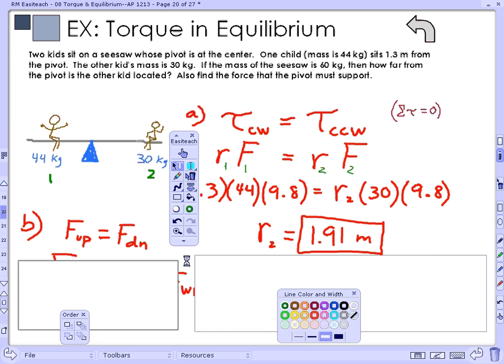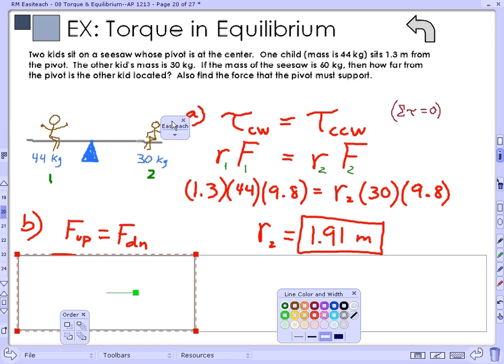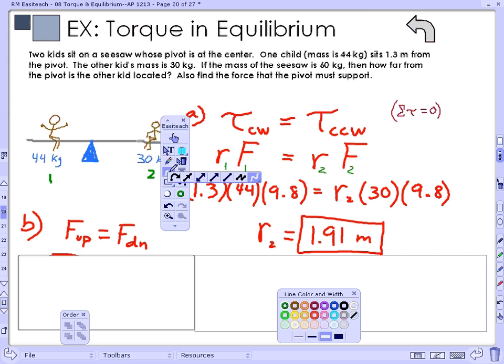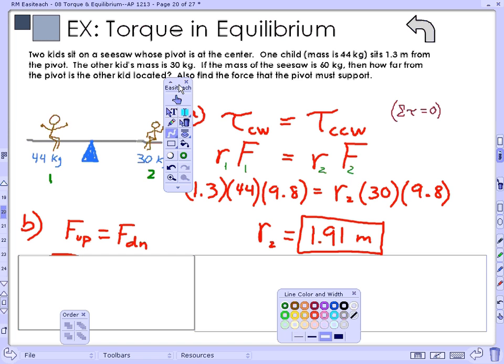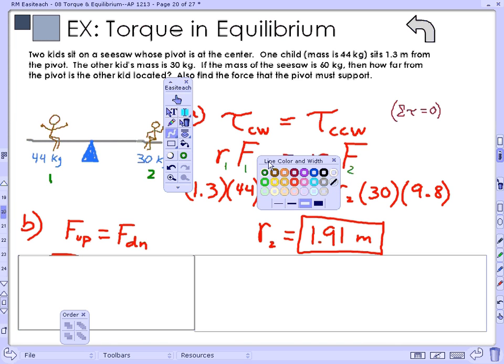And the way I like to put that is that the forces up equal the forces down. We could also say for other problems, forces to the left equal forces to the right. The total of the forces to the left equals the forces to the right. We don't need to worry about that for this particular example, so I'll delete that.